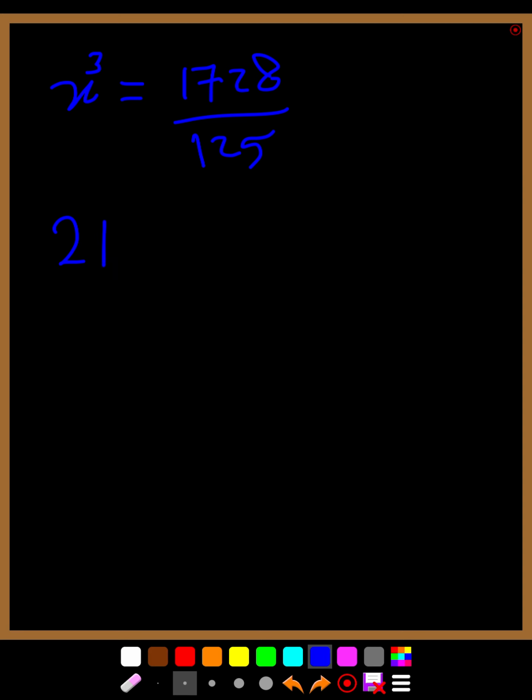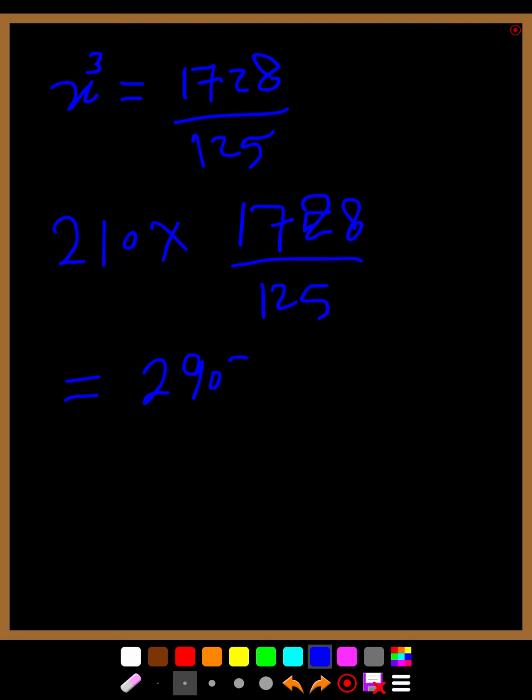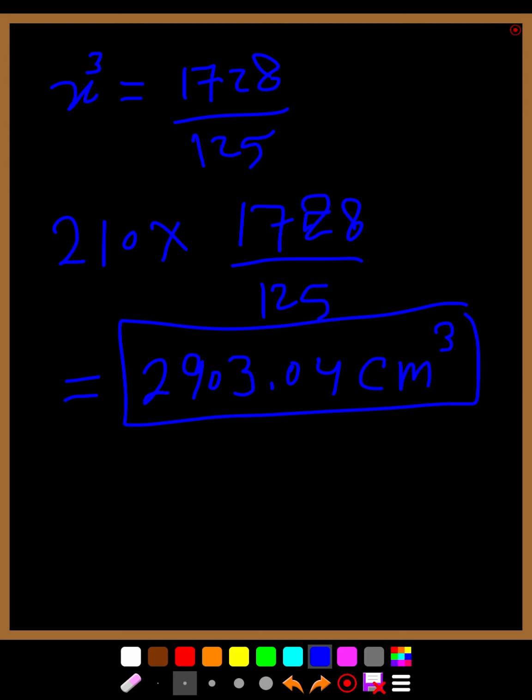Multiply this by the given volume and it will give you the missing volume. After you simplify, use your calculator, and it gives you 2903.04. Don't forget the units, centimeters to the power 3. This is the missing volume for the second shape.